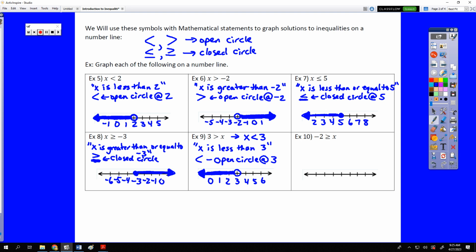Okay, one more example like that. If we see this example 10 and it says -2 is greater than or equal to x, then we can flip that whole statement around and rewrite it as x is less than or equal to -2. Okay, those are the same exact statement.